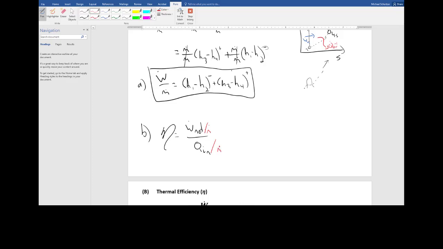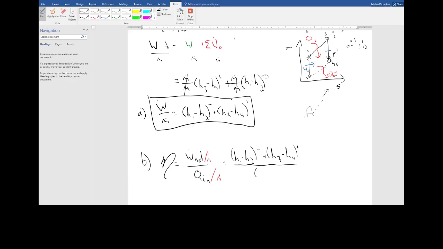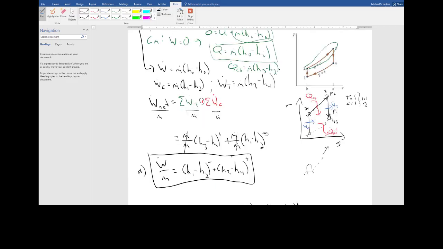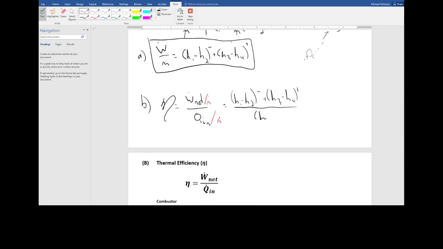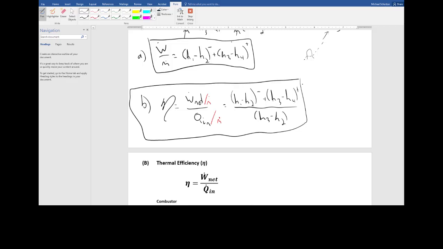Because 1 over m dot divided by 1 over m dot is just 1. So this is going to be H1 minus H2, which still I expect to be negative, plus H3 minus H4, which I expect to be positive, divided by, I look over here, my heat rate in is H3 minus H2.